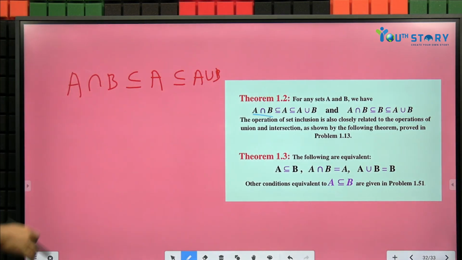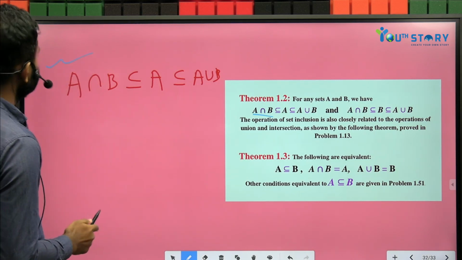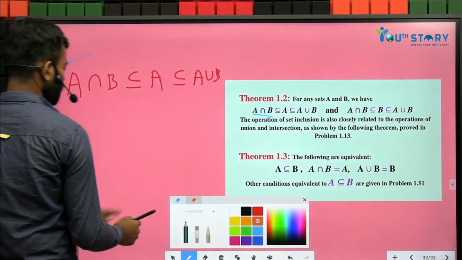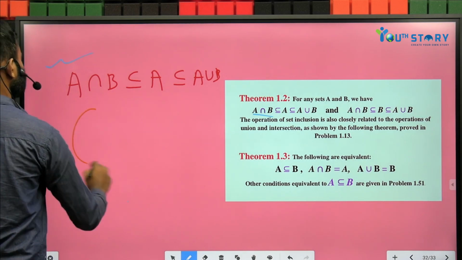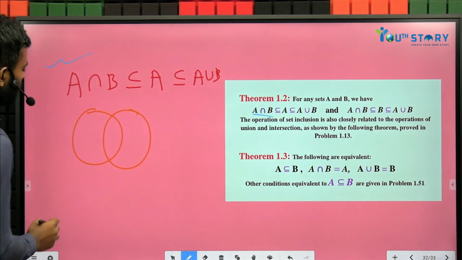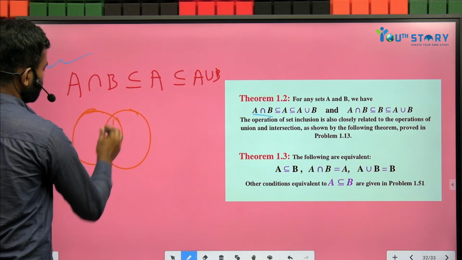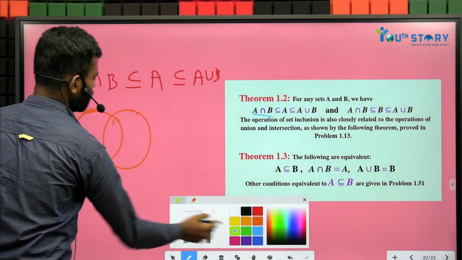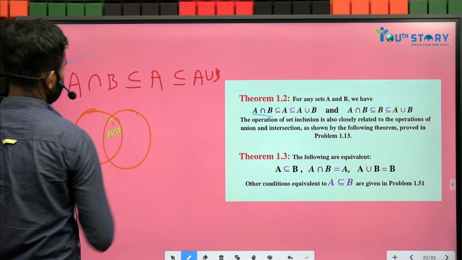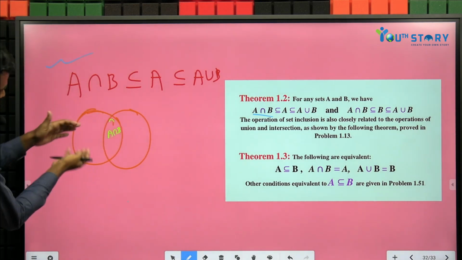If we draw a Venn diagram, say this is A, this is B, then A intersection B is the half part of this circle.